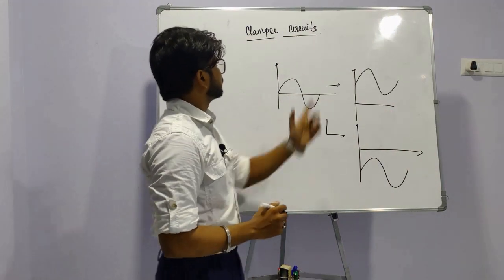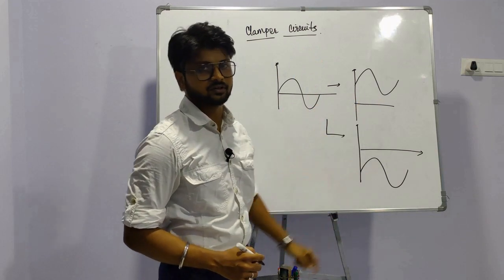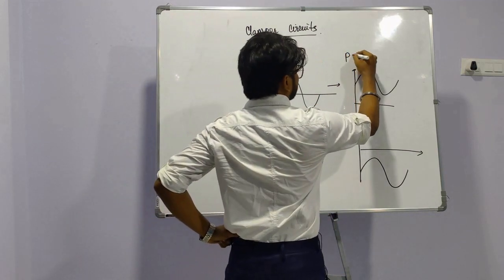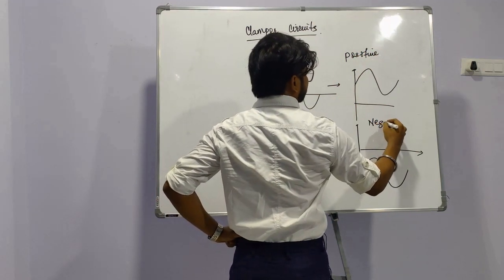So there are two types of clamper circuits. One is the positive clamper, and another one is the negative clamper.